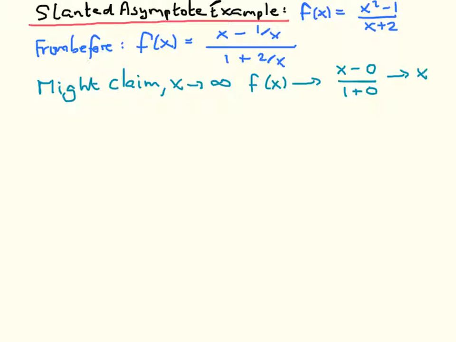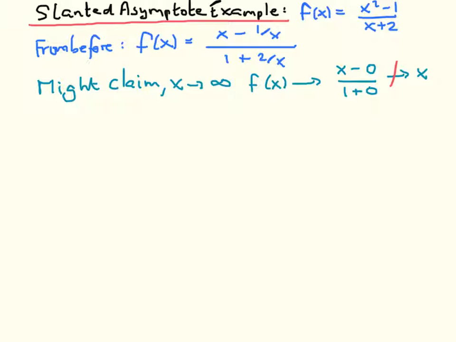So what we've done here is we've said as x becomes extremely large, we have x, which will be large, minus something which will become very small, it will tend to 0, over 1, plus something which will also tend to 0 as x becomes extremely large. So we have x minus naught over 1 plus naught, and that's going to approach x. And this is not true.